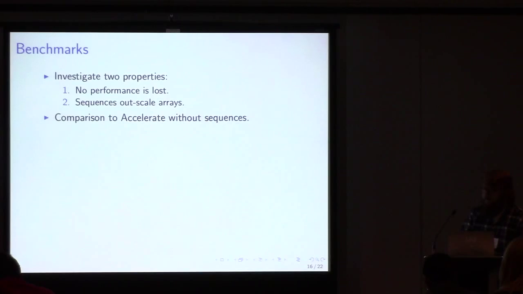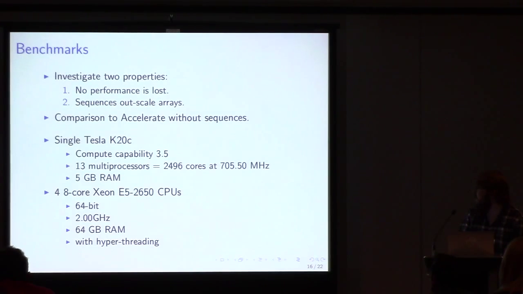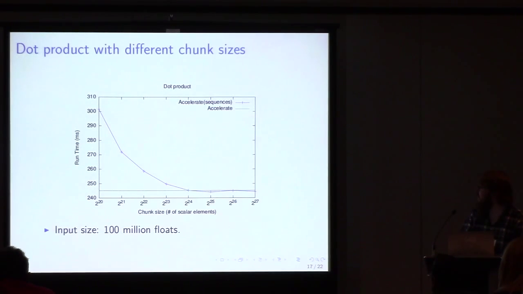So we compare ourselves to Accelerate, and these are the specs. First, this is the dot product I showed you, with different ideal chunk sizes for scalar sequences, you can think of. The inputs are vectors of 1 million floats that we try to compute the dot product of. Here you see our sequence implementation, and here you see the ordinary Accelerate implementation without sequences.